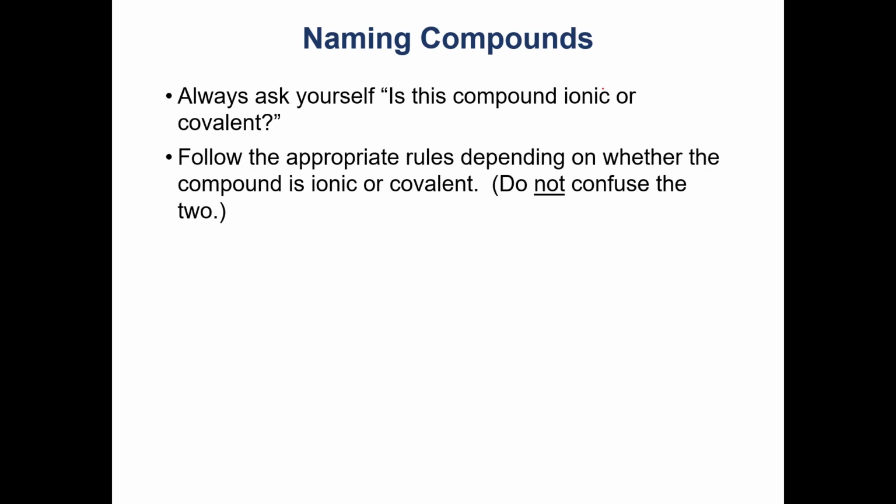If it's ionic, meaning it has a metal and a nonmetal, there are going to be different rules for naming the compound than there are for covalent compounds, which are all nonmetals. So we first determine whether something is ionic or covalent, and then we use the rules for that particular type of compound.